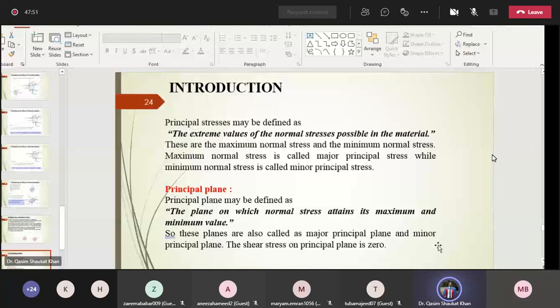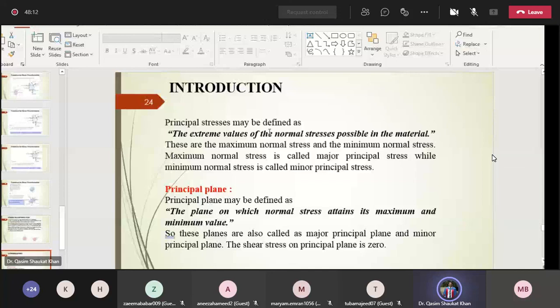Principal stresses can be defined as the extreme values of the normal stresses possible in the material.